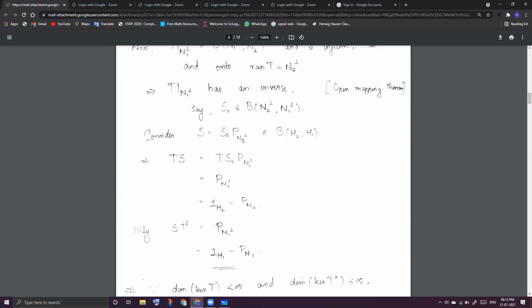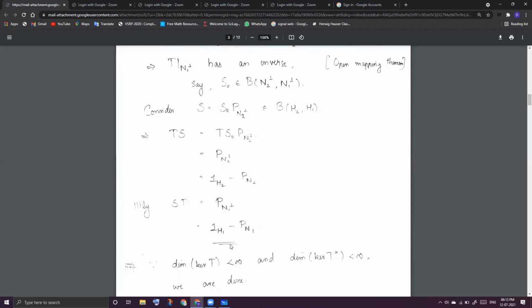So it is in our required form. Similarly, we can do this for ST. So ST will be S0 P N2 perp T, and we can do a similar thing to get this operator to be P N1 perp, which is equal to 1 H1 minus P N1. And again, N1 is the kernel of T, and it is finite dimensional from the second condition.